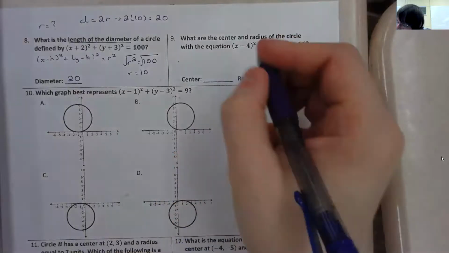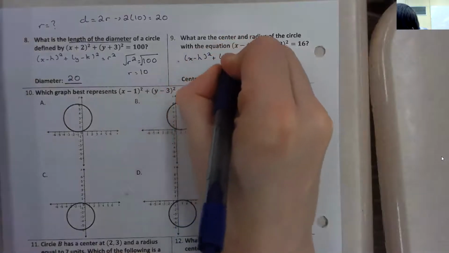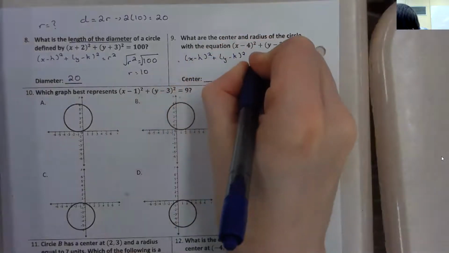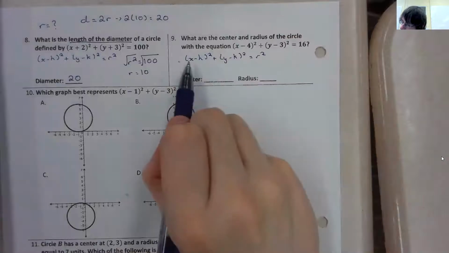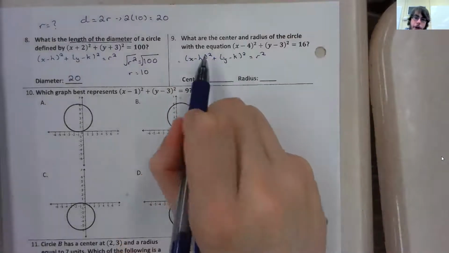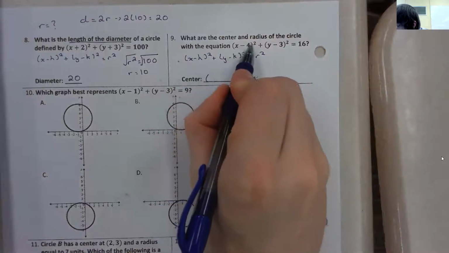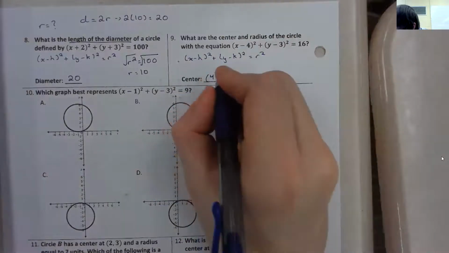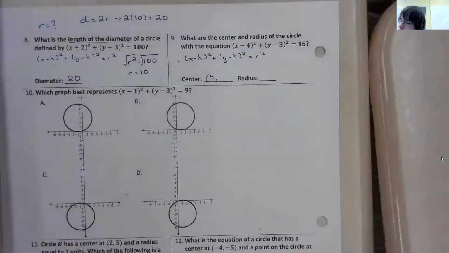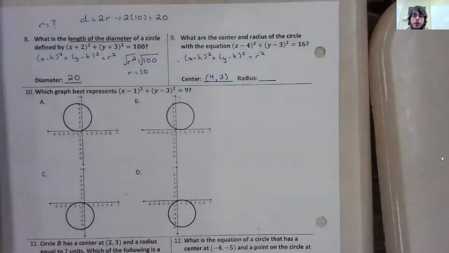So your equation is (x - h)² + (y - k)² = r². Your center will always have opposite signs from your equation. So our h here has a -4 on it, so our h will be a +4. And then likewise, our y coordinate of the center would be +3.